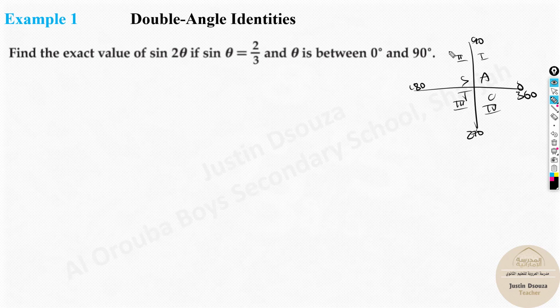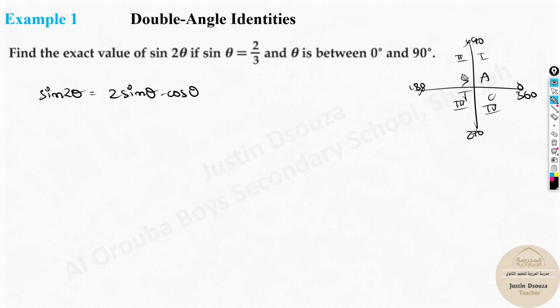But in case it was 90 to 180, when you're substituting in the sine 2 theta value, I'll just write the identity. It is 2 sine theta into cos theta. Now when you're substituting, don't think that if it's in the second quadrant, sine 2 theta must be positive. No, it's not like that. You need to look at the sine and cos.